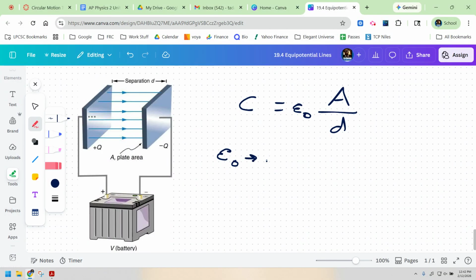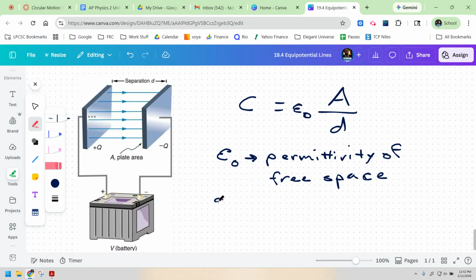By definition, we call this the permittivity, but it's really just a scalar multiplier.